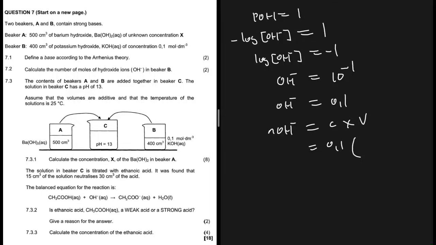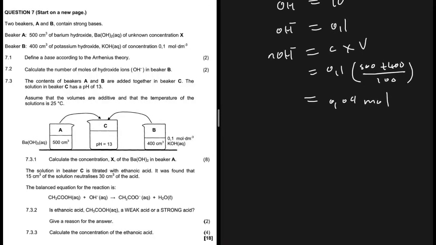So we're going to add the volume of beaker A and the volume of beaker B. So that will be 500 centimeter cube plus 400 centimeter cube divided by 1000. And then if I put this in my calculator, I'm getting 0.09 moles, right?